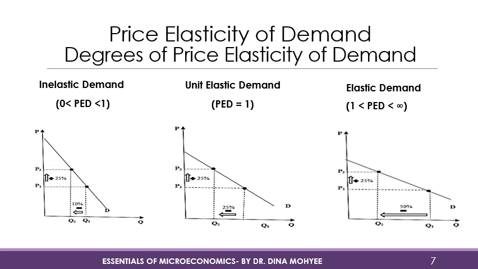Okay, the unit elastic demand is a case of elasticity whereby a 1% change in the price leads to a 1% change in the quantity demanded, which means that the quantity demanded changes by the same percentage as the price. In this case, the price elasticity of demand is exactly equal to 1, as we see in the middle figure. A 25% rise in the price has led to a reduction of the quantity demanded by exactly 25%.